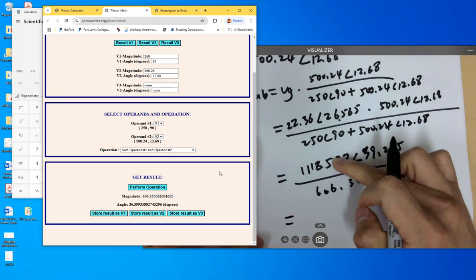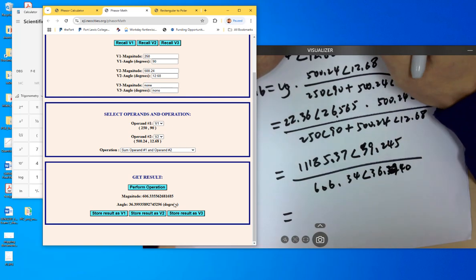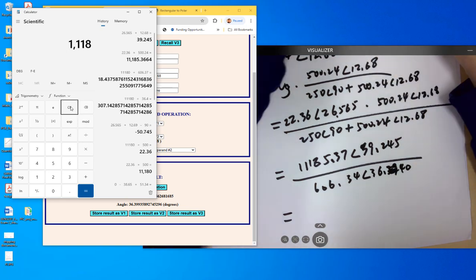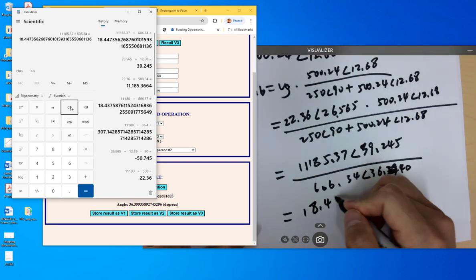Okay, so do a division here and subtraction here. 11185.37 divided by 606.34 is about 18.45.